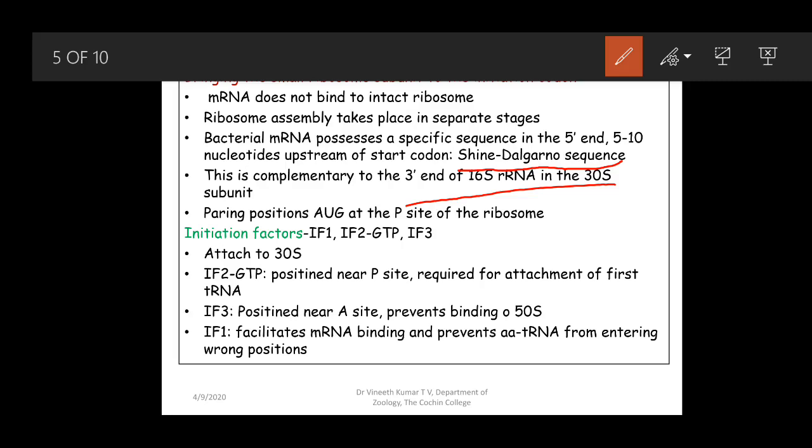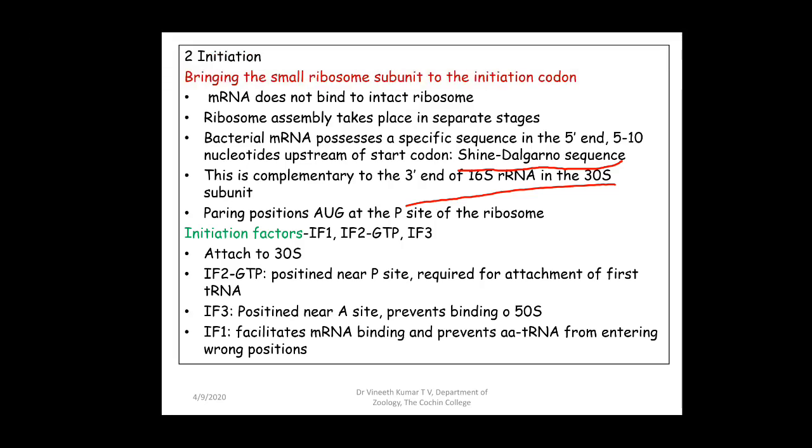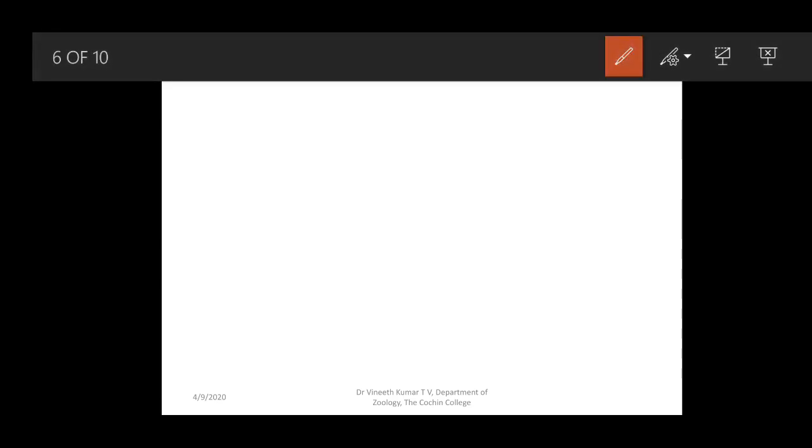Of these, one is always attached to a GTP molecule, which is an energy rich molecule. These 3 initiation factors are seen attached to the 30S subunit of the ribosome.